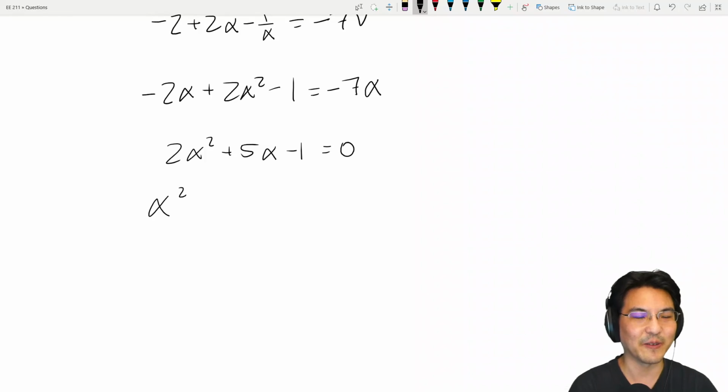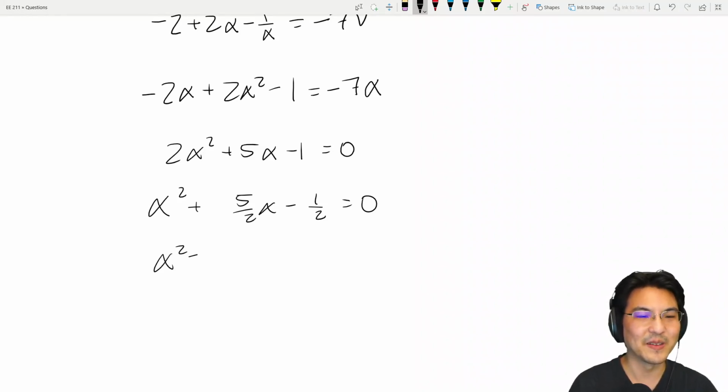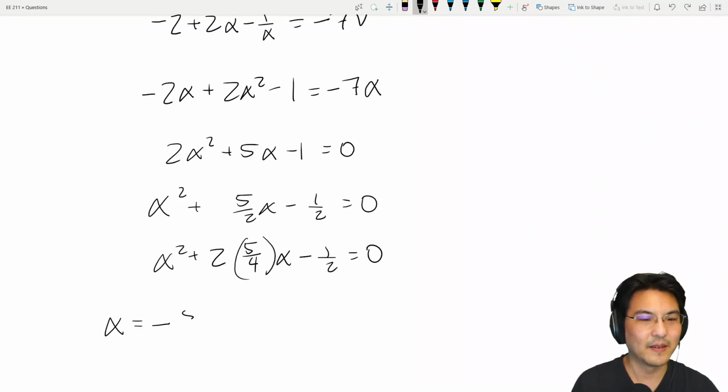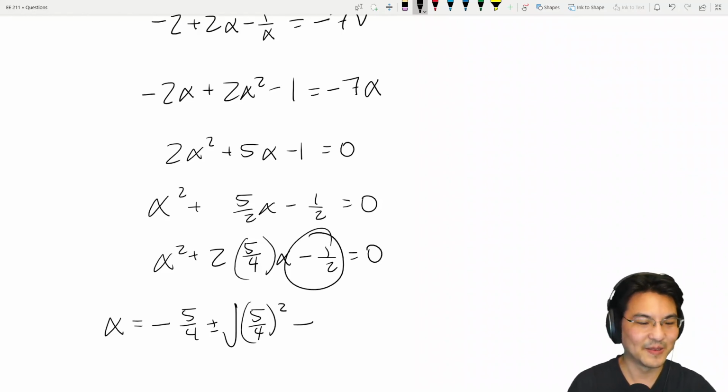So let's just divide everything by 2. Let's factor a 2 out of here. 5 halves is the same as 2 times 5 over 4. And then the quadratic formula gives negative this thing, plus or minus the square root of this thing squared, minus this, minus -1/2.